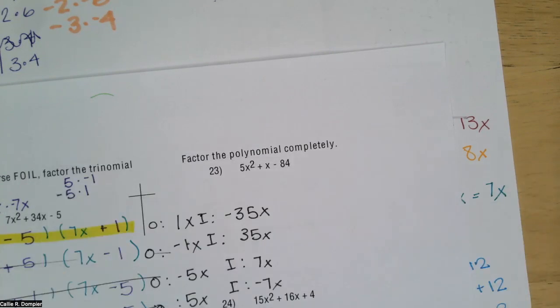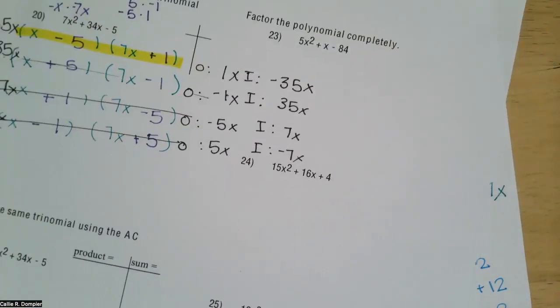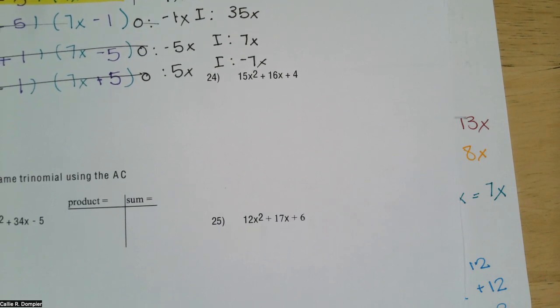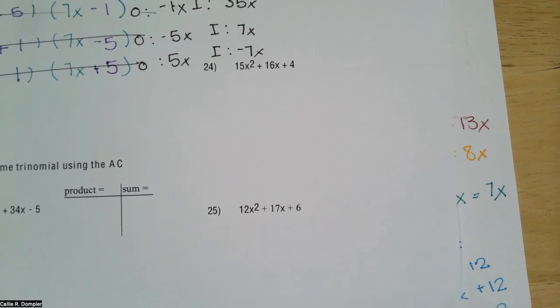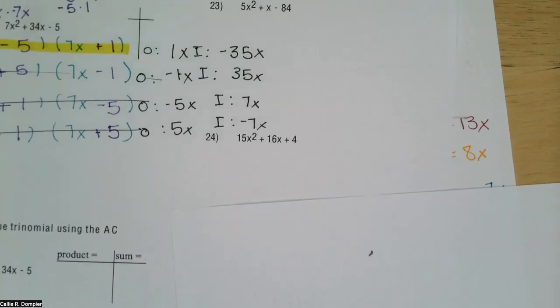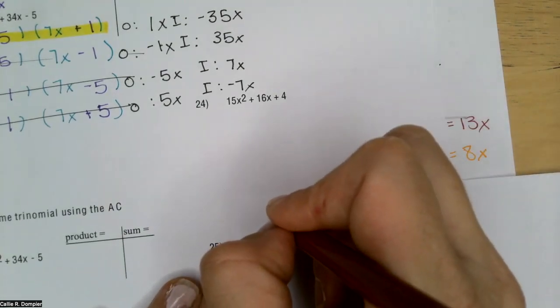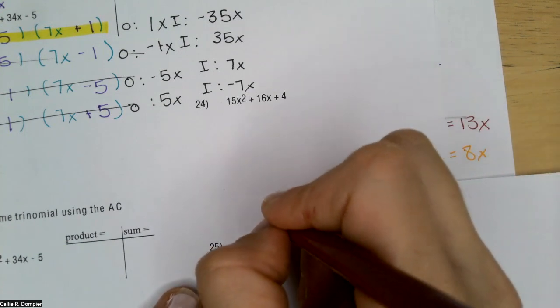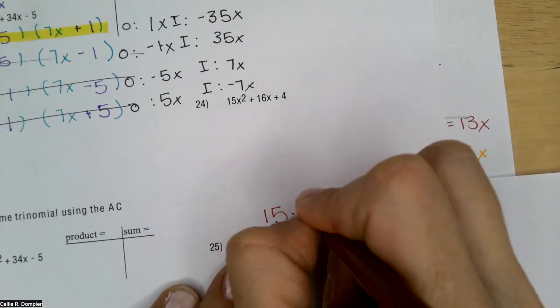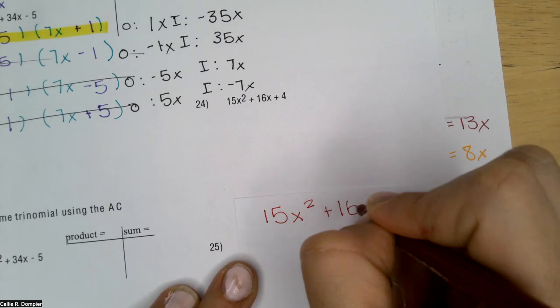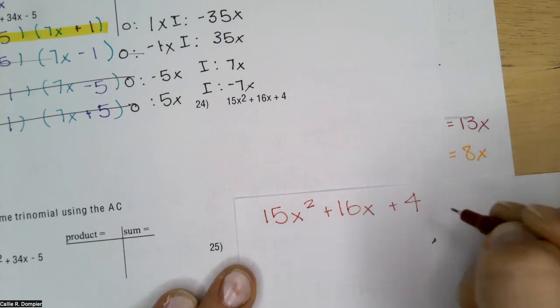It would be better to use the AC method. The AC method would be good. So we have 15x squared plus 16x plus 4.